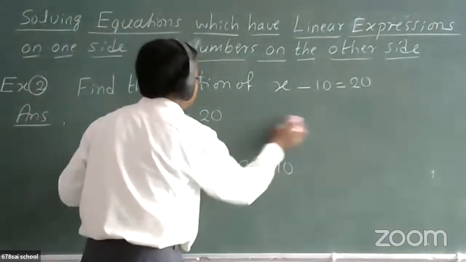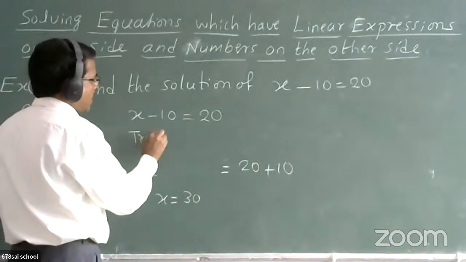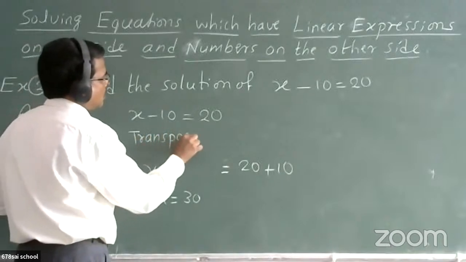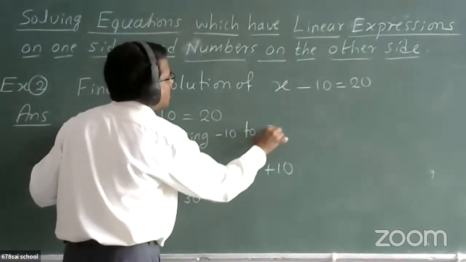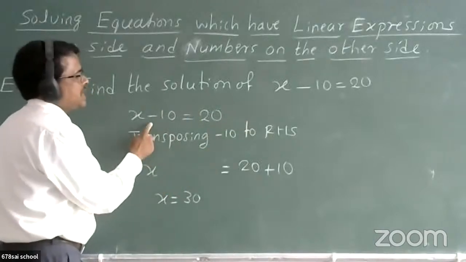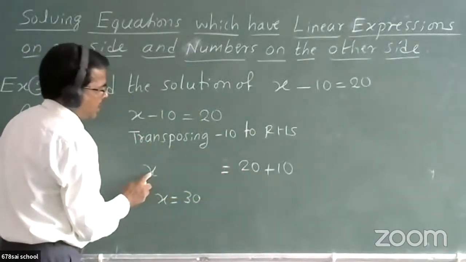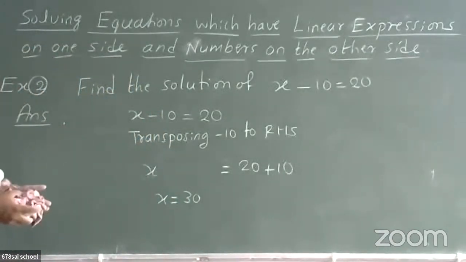This is not necessary. What we can do? Transposing. Transposing minus 10 to RHS, right hand. If I transpose this, minus 10 became plus 10. So x equal to 20 plus 10, x became 30. This is the second method.